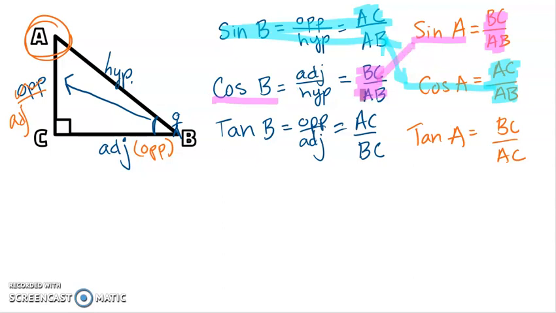So those two are also related to each other, and in fact are the exact same thing. The tangents aren't the exact same, but they are flipped of each other. So if you were to flip the tangent of B over, that would be the tangent of A. Right, so just remember these are called trig ratios because they are ratios of different sides in a right triangle.